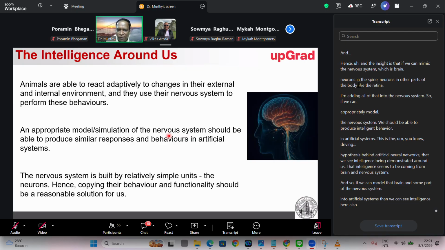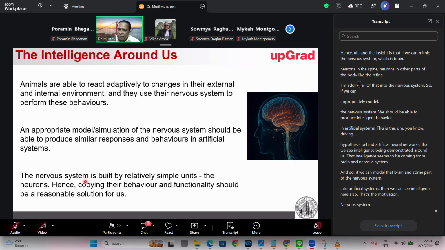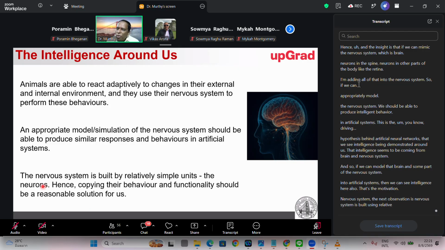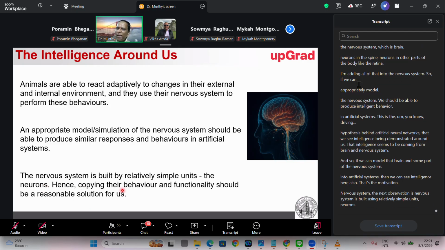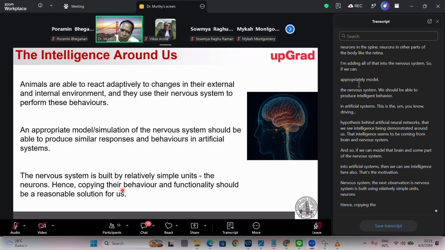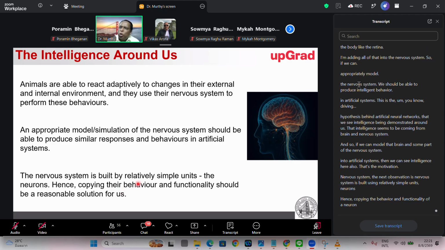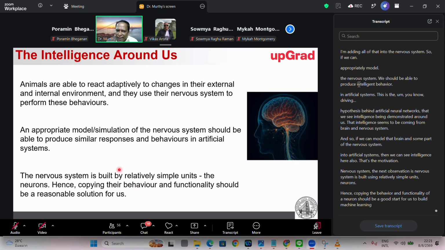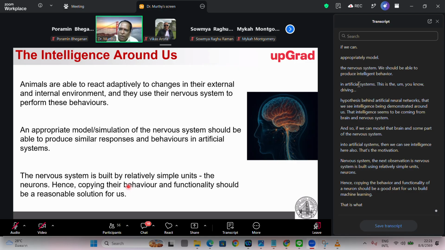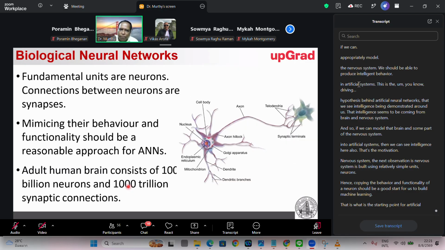That's the motivation. The next observation is that the nervous system is built using relatively simple units, neurons. Hence, copying the behavior and functionality of a neuron should be a good start for us to build machine learning. That is the starting point for artificial neural networks.